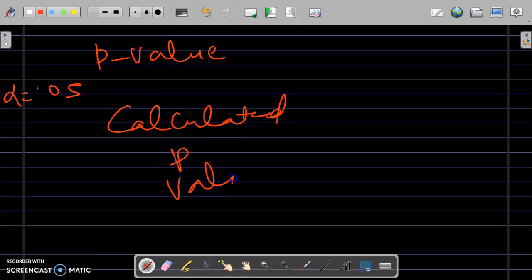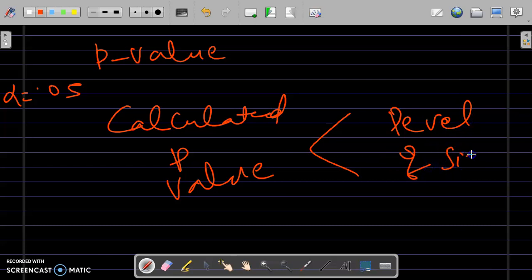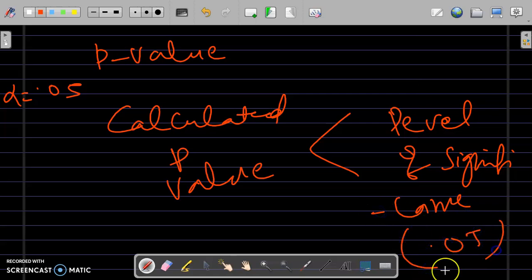If we are using the p-value approach, the calculated p-value should be less than the given significance level, whatever level of significance we have set, for example, in our case 0.05, 5%. So the calculated value should be less than the level of significance. That is what we are looking for in the p-value approach.